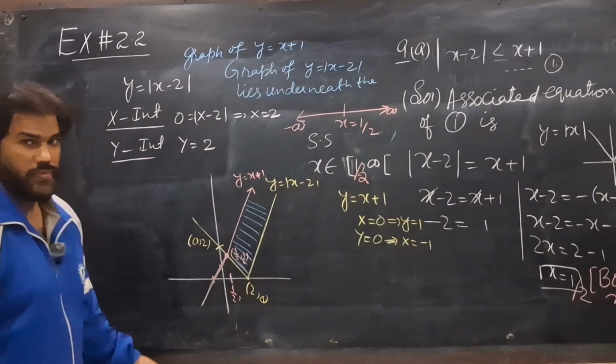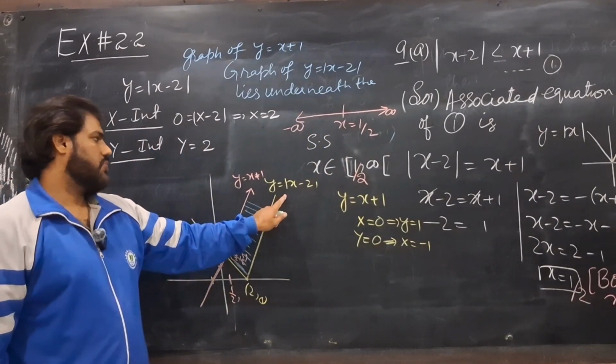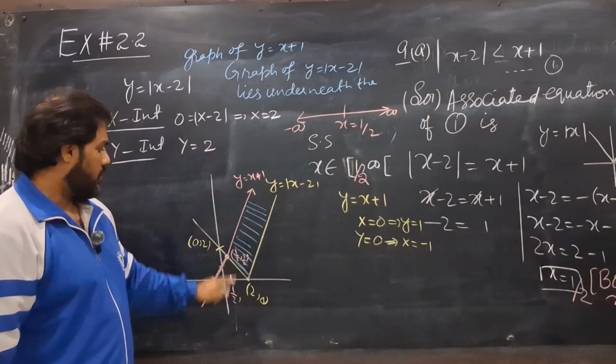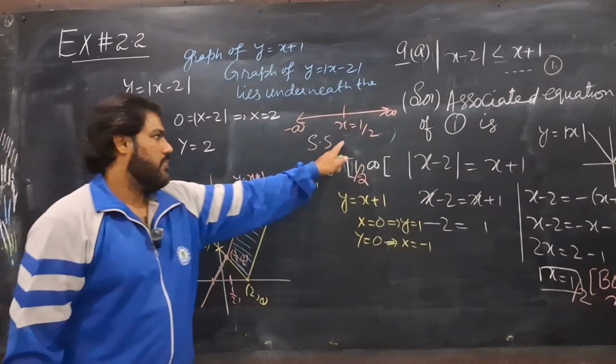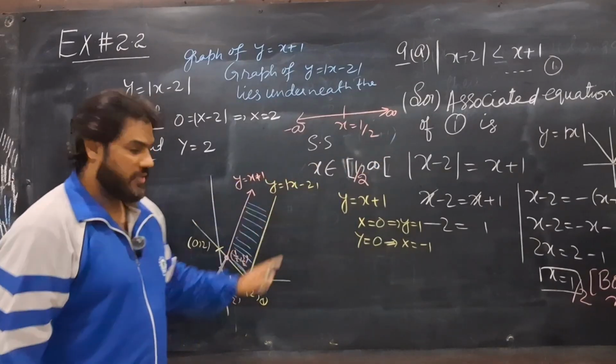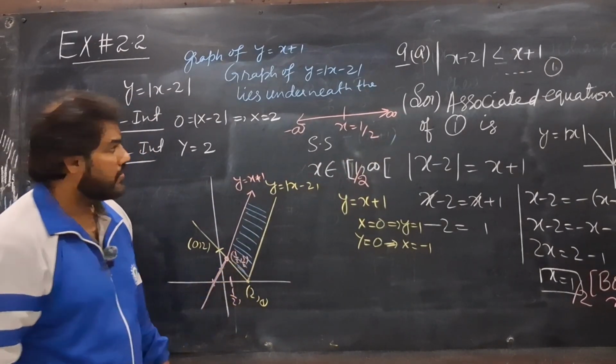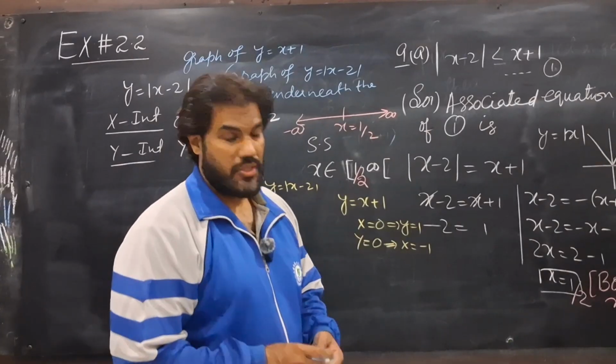From the graph you can observe that the graph of y is equal to |x minus 2| lies below the graph of y is equal to |x plus 1| for the interval x is equal to 1 by 2 to positive infinity with their common value, that is the point of intersection 1 by 2 comma 3 by 2. And this completes question number 9a.